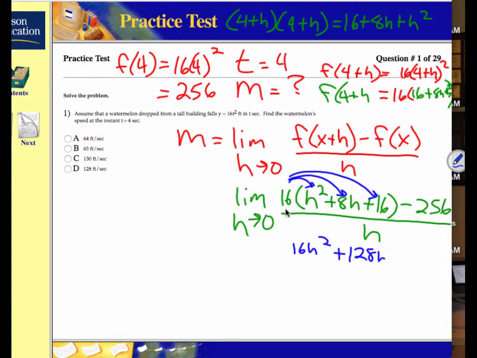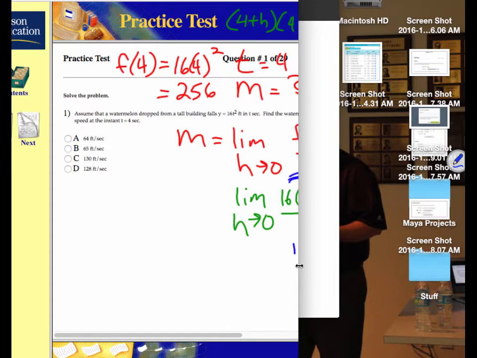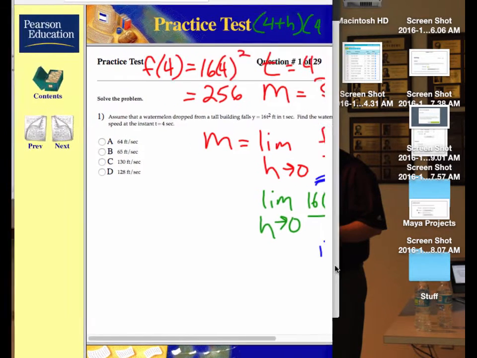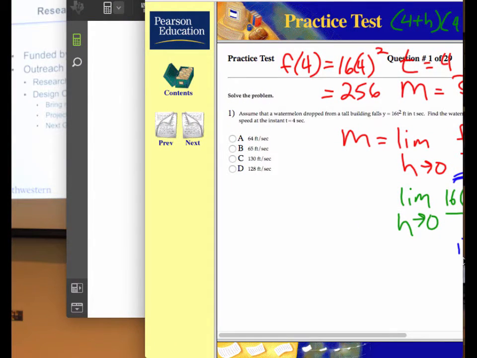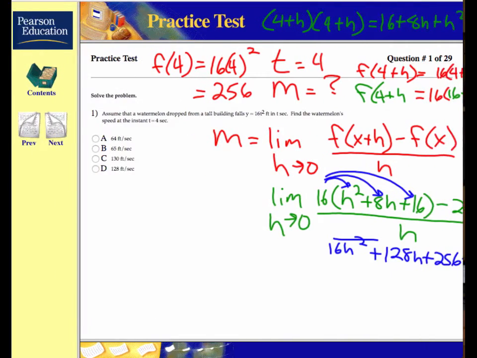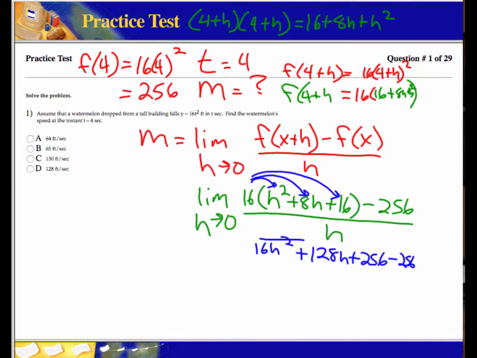All right, so I got this, and then 16 times 16, that's a positive 256, minus 256. And all that's over h, and we're going to take the limit of that as h approaches 0.